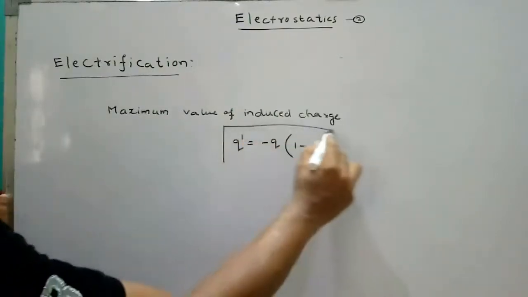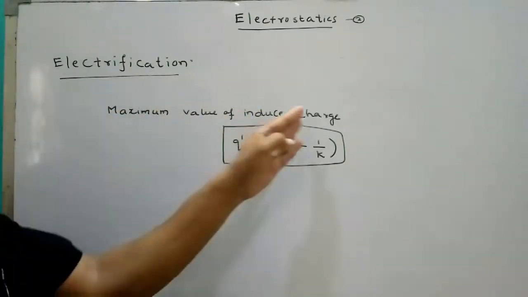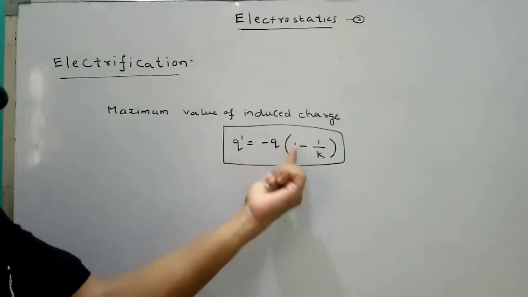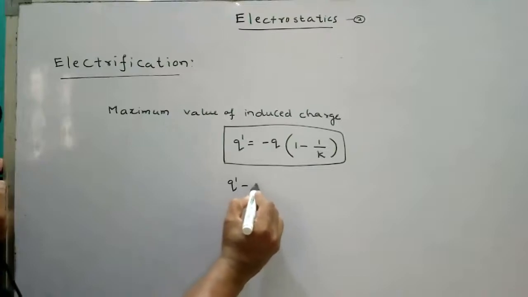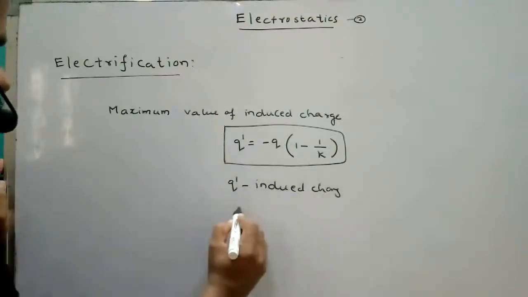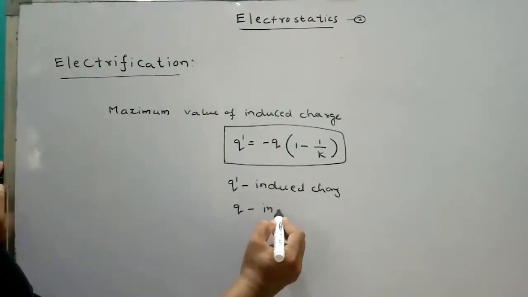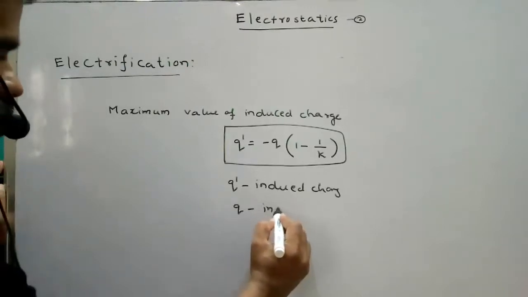This is the formula for the maximum value of induced charge on a neutral body. Here Q dash is the induced charge, and Q is the inducing charge.